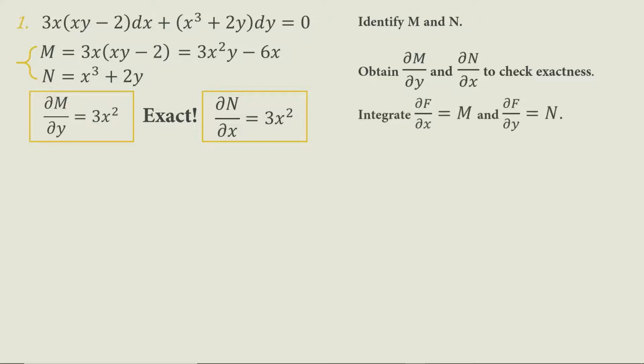The next step is to integrate the partial derivative of f with respect to x, which is equal to M, and also the partial derivative of f with respect to y, which is equal to N. First, the partial derivative of f with respect to x is equal to M. Cross multiply: partial derivative of f is equal to M times the partial derivative of x, substituting the value of M, which is 3x squared y minus 6x.